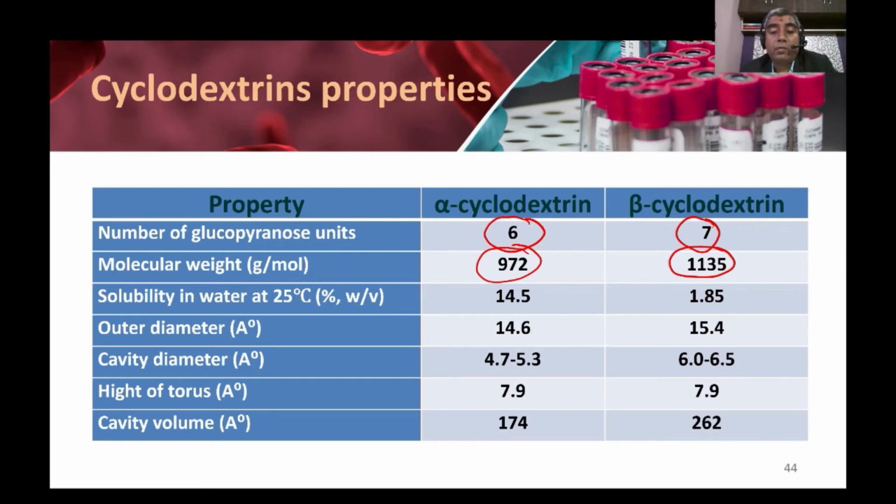Outer diameter 14.6 angstrom for alpha and 15.4 angstrom for beta. Cavity diameter 4.7 to 5.3 for alpha cyclodextrin and 6.0 to 6.5 angstrom for beta cyclodextrin. Height of torus is the same for alpha and beta, that is 7.9 angstrom, and cavity volume 174 for alpha cyclodextrin and 262 for beta cyclodextrin.